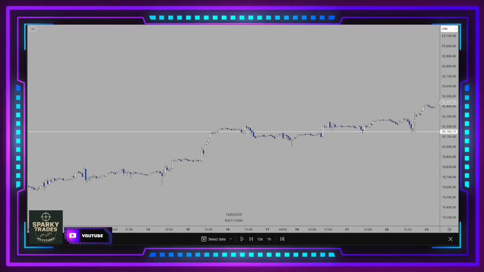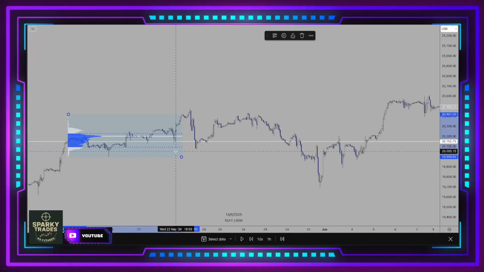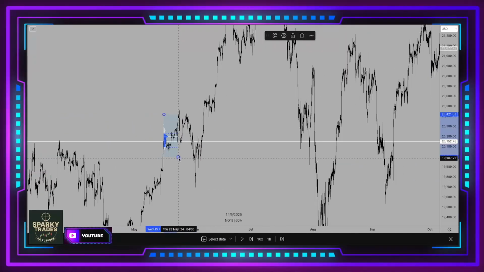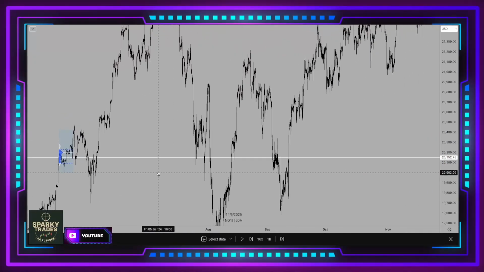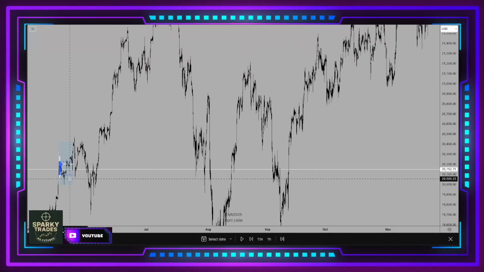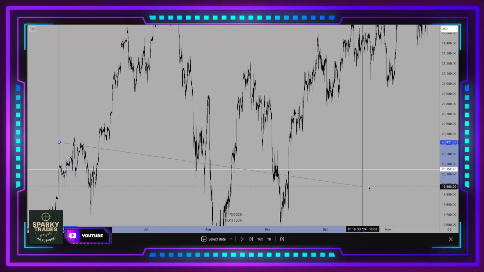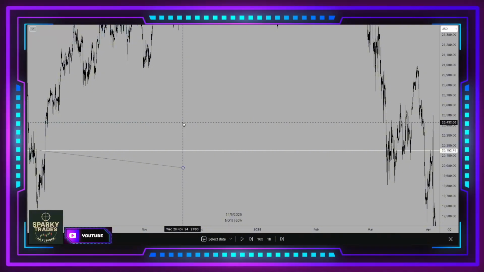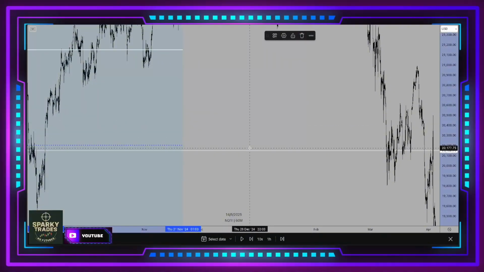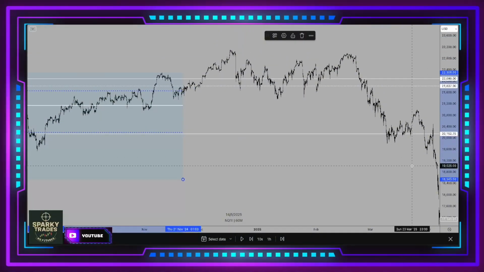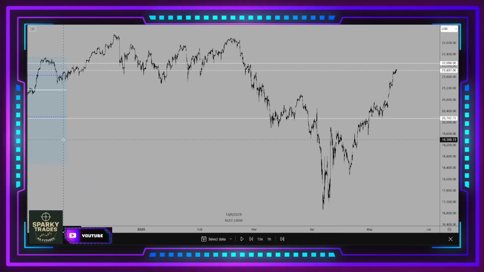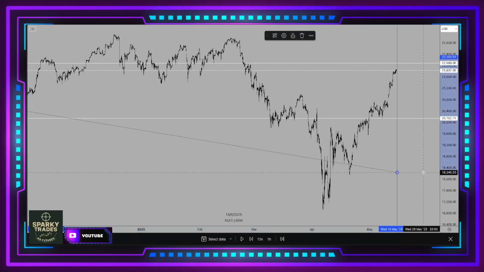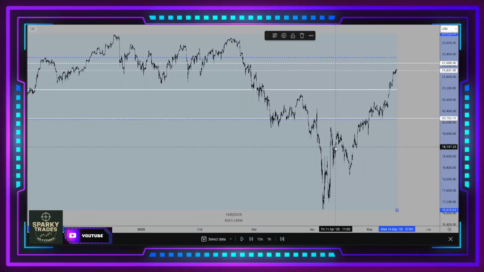So we're going to grab our fixed range volume profile, smack it on there where we broke into the range, right all the way out to where we are.